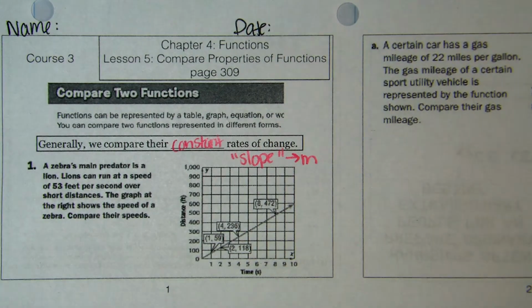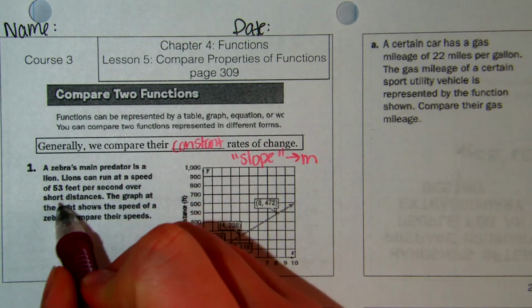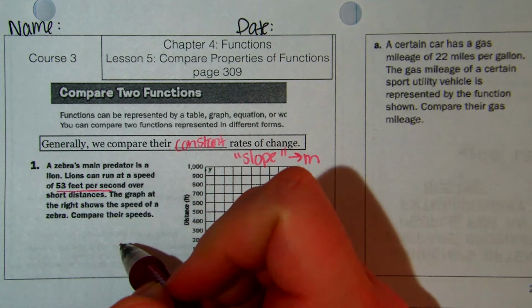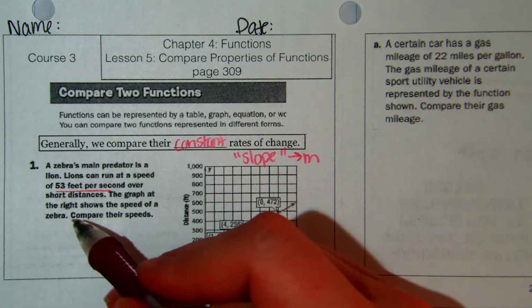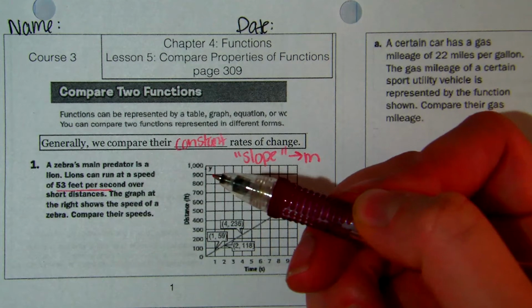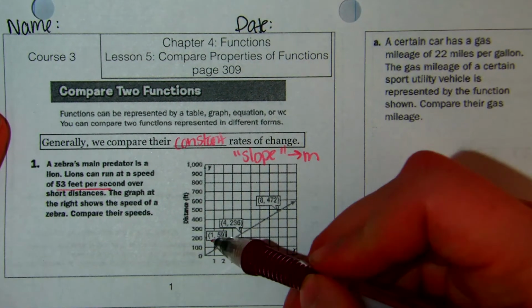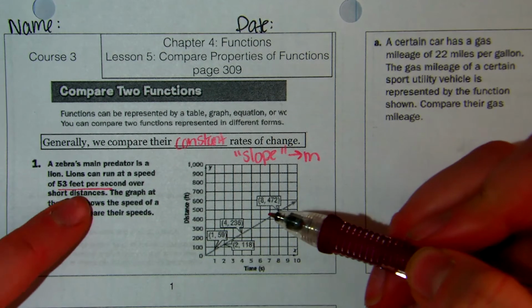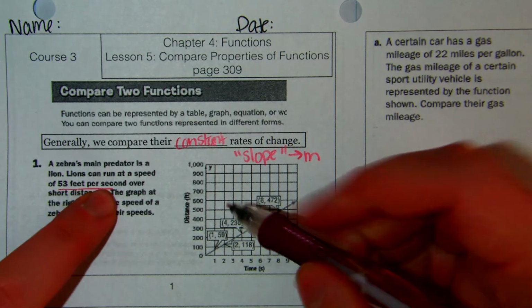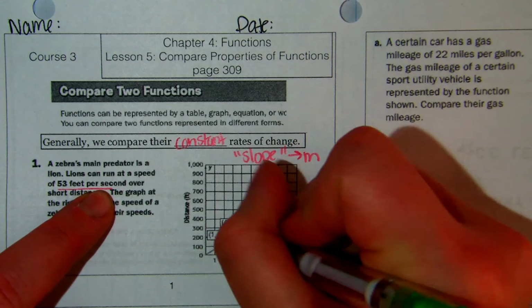So number one says a zebra's main predator is a lion. Lions can run at a speed of 53 feet per second over short distances. So a lion is 53. The graph at the right shows the speed of a zebra. Compare their speeds. Well, in 1 second, or per second, how fast can a zebra run? 59.